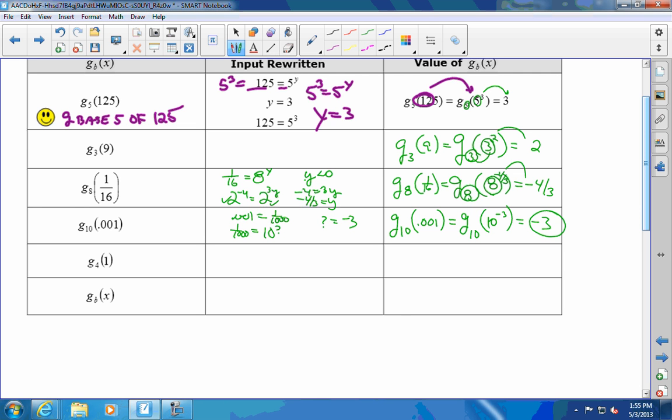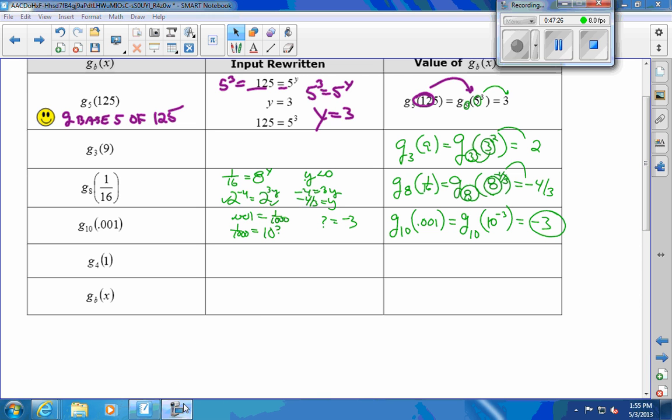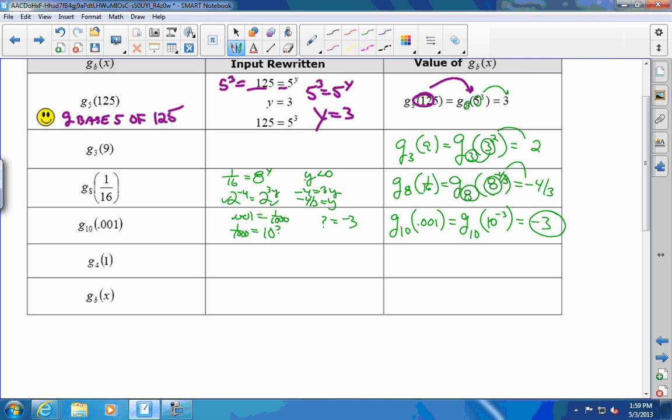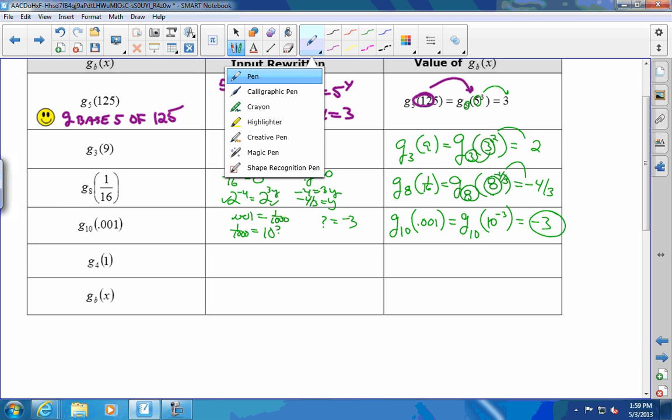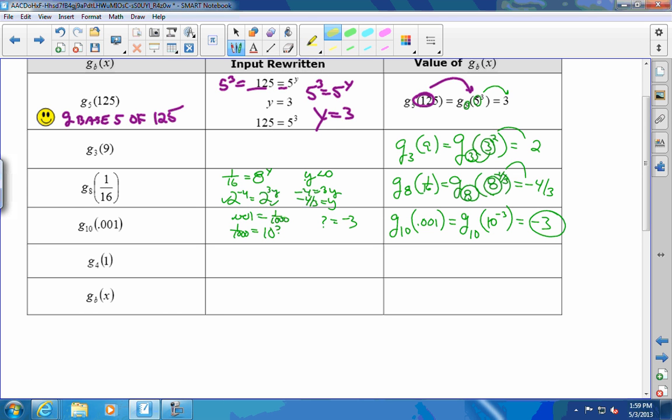Okay, so I want you to do the next one at your seats. So far, let's just kind of know what we've done. Let's get the highlighter going here. The highlighter should be maybe light blue. So when we get over to this right side, as long as this base and this base are identical, we lift off the power.